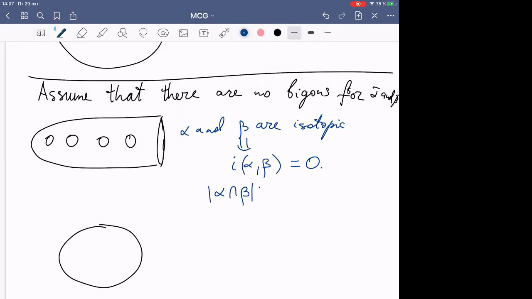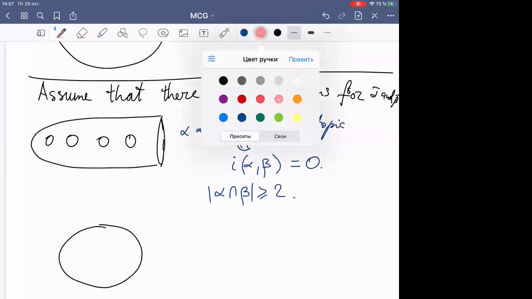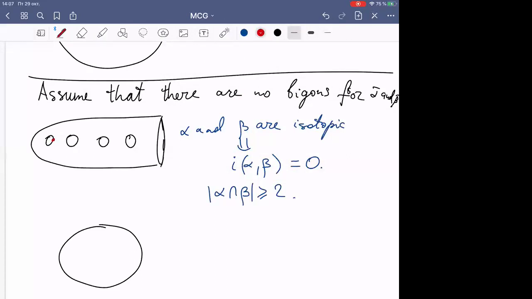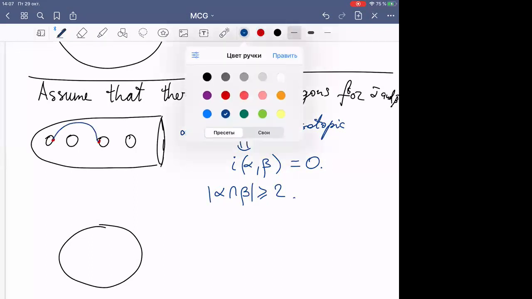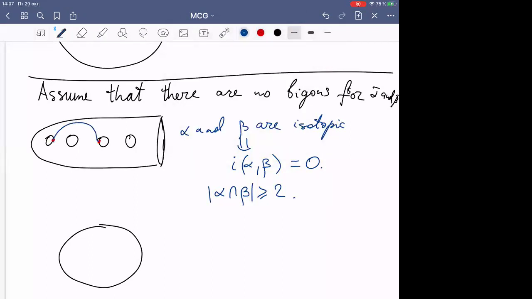At least they intersect in 2 fixed points. They pass through the same pair of fixed points. So our 2 curves at least intersect in these 2 fixed points. So they are definitely not in minimal position.